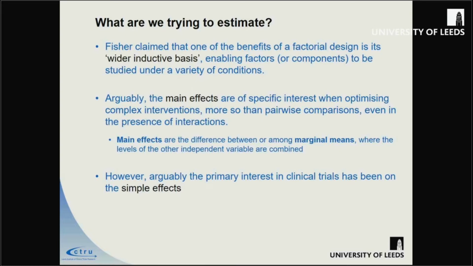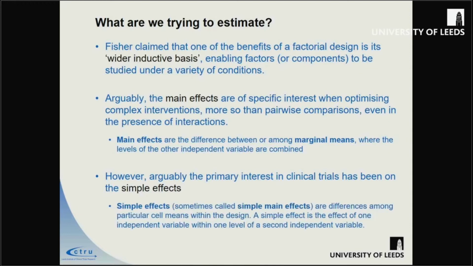Because I think that what we're interested in, as people doing two independent questions for the price of one, are those within the table simple effects. And I think that's why these literatures are divergent, because some of us are trying to estimate one thing and others of us are trying to estimate something else, and you do a different type of analysis and different sample size calculation depending on what you're trying to estimate.